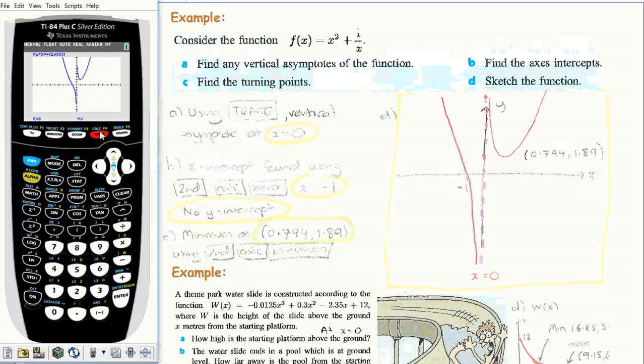If your cursor doesn't turn up, just start arrowing and you'll see it pops up. So x is looking pretty close to 0. It's getting closer and closer to 0. And then, oh, that's interesting. Notice that even though it says x is 0 here, there's no y value, meaning it doesn't exist. There is an asymptote that cuts through there.